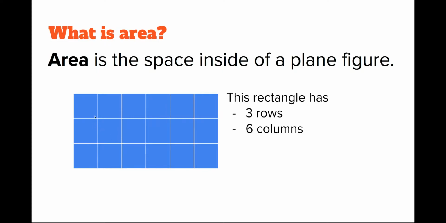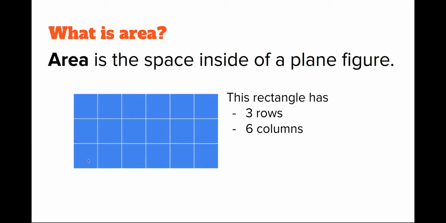We can see that this rectangle has 3 rows and it has 6 columns. And when I want to count those, an easy way that you can count rows and columns is I know the rows are going to go all the way across. So I can count 1, 2, 3, and I'm thinking about the whole row across. And then I can count the columns the same way.